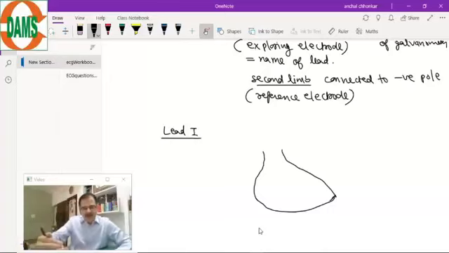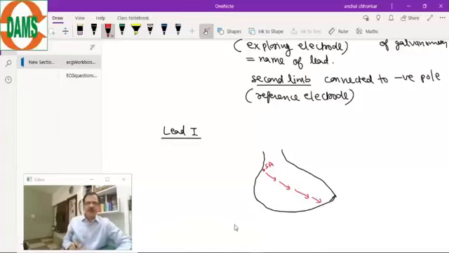So I have made a vertical plane in which the depolarization is going from the SA node downward. So only the vertical plane. Here is the SA node, somewhere here. And this is the normal depolarization direction in the vertical plane.